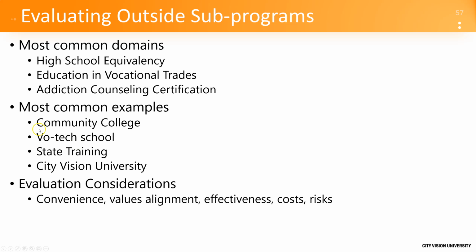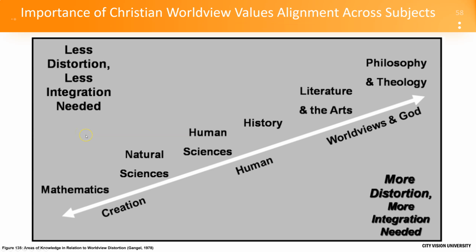But if they're going to be teaching things about psychology or religion, or addiction counseling, which is actually really big, they'll come back and they might have different understandings of worldview. So this is a diagram that talks about the importance of Christian worldview and values alignment across subjects. So, if you're teaching math, then worldview really isn't that important, right?